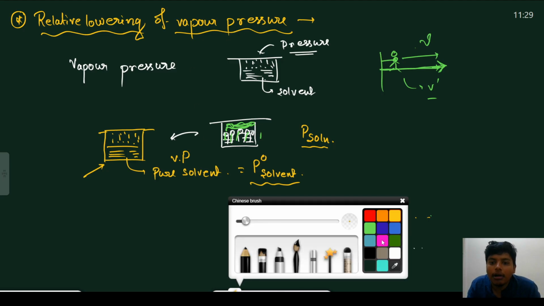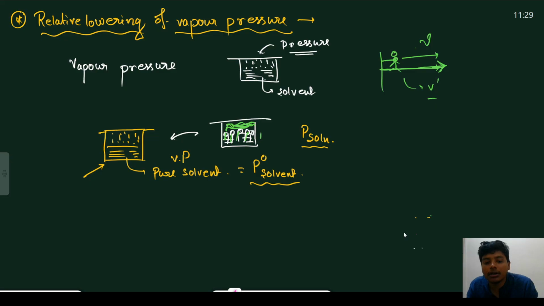Okay. Now, according to Raoult's law, what did Raoult's law tell? That P solvent is equal to P naught solvent into mole fraction of the solvent. Yes or no? P solvent is equal to P naught solvent into mole fraction of solvent.